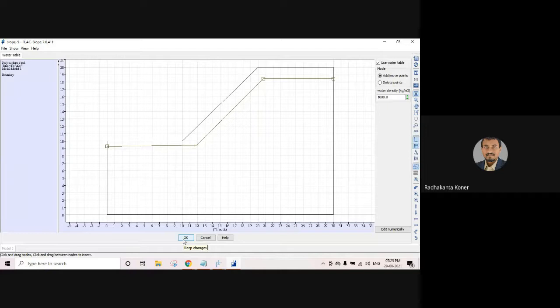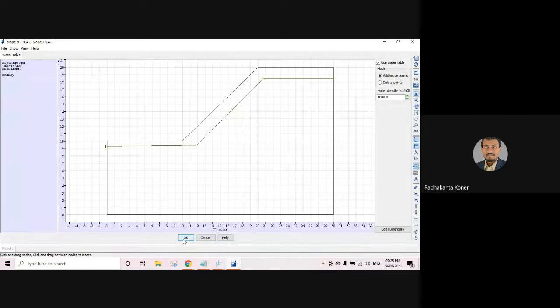When you consider this groundwater table or phreatic line, I should specifically use the terminology phreatic line, not groundwater, because groundwater is called for the in situ one. Here it is an artificial slope. So here we have considered a line, and that line is representing a phreatic surface.